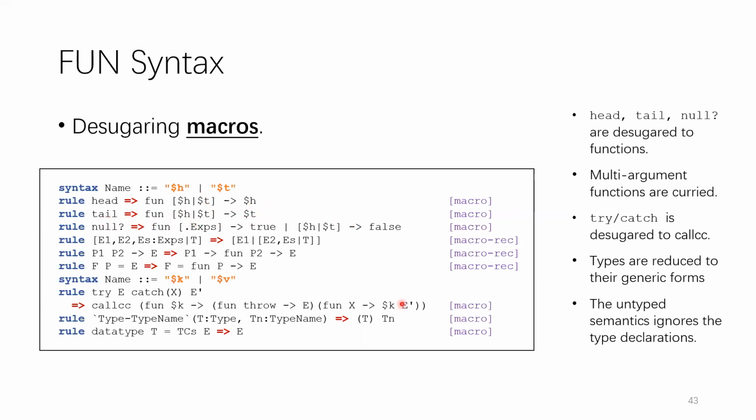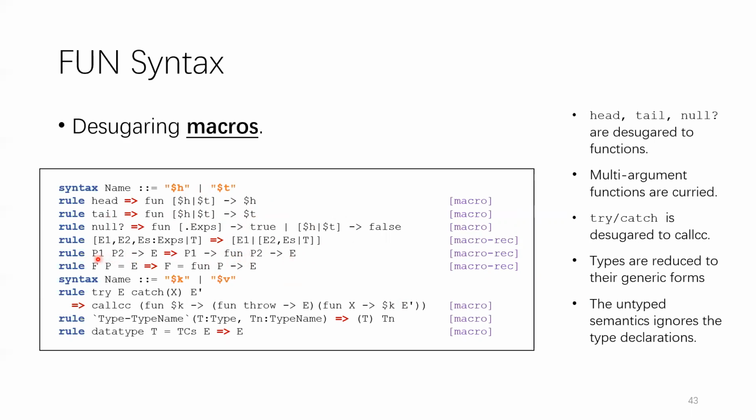The prepending operation will be defined in a recursive way, by nesting itself. And this is a multi-argument function definition, so it can be desugared into single argument functions.